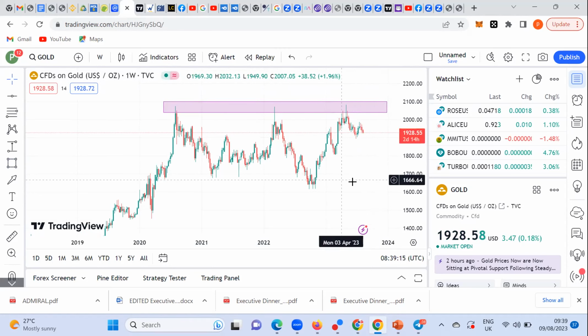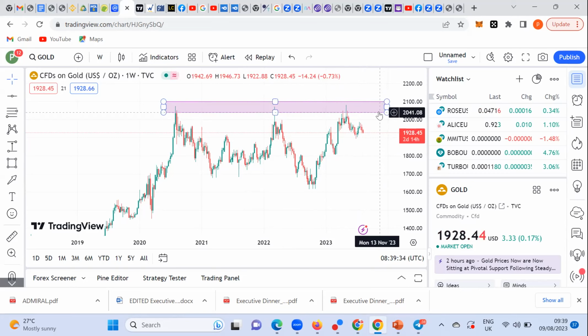So I've gotten a zone. Now, number two, you want to have another zone because there are areas that have formed support and resistance. What you first find up here is a resistance. This is a weekly time frame. The resistance zone is now from, give and take, $2,041 upward.